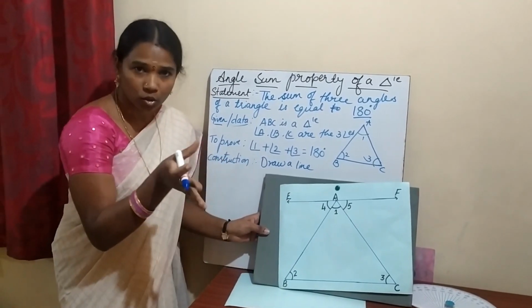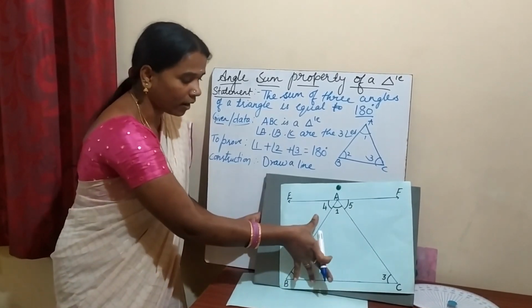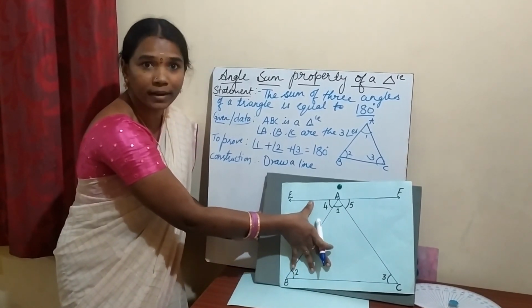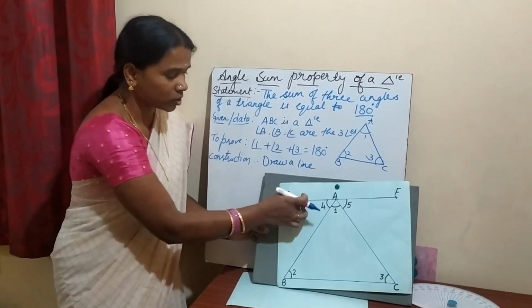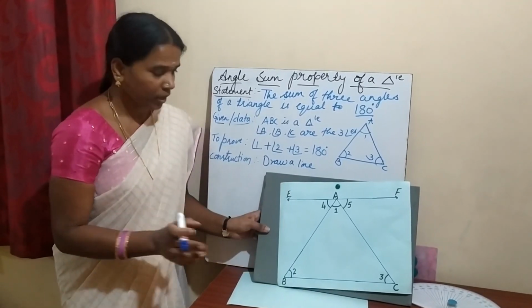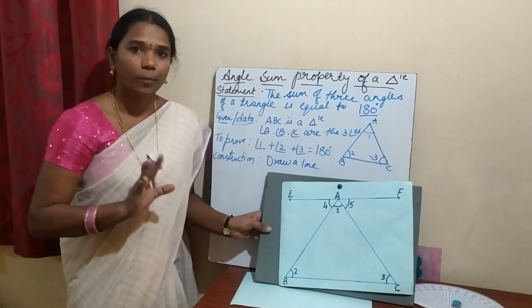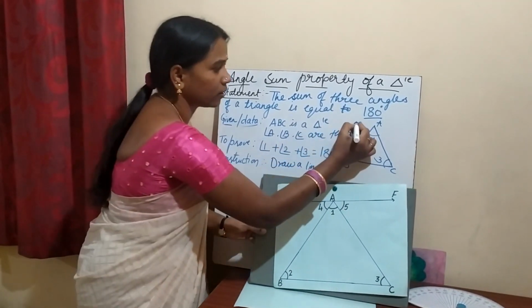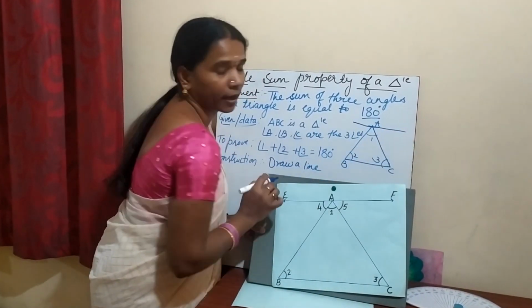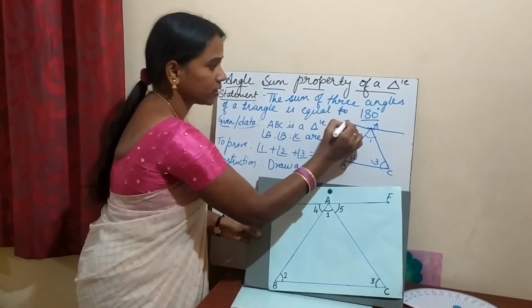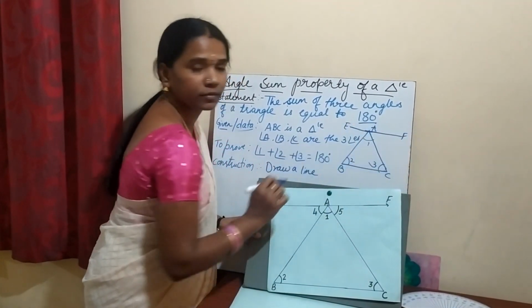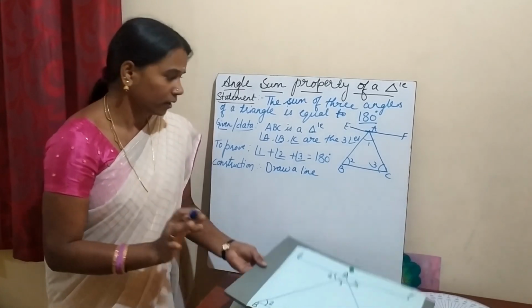You know what parallel lines are: lines which do not meet each other, and the distance between them is always the same. Here EF and BC are the two parallel lines. The line has been drawn at vertex A using a scale. So we require a line.